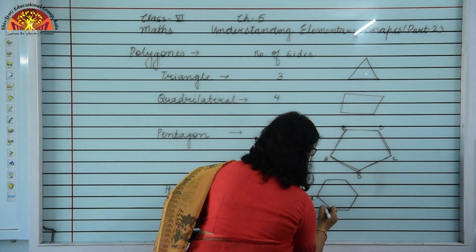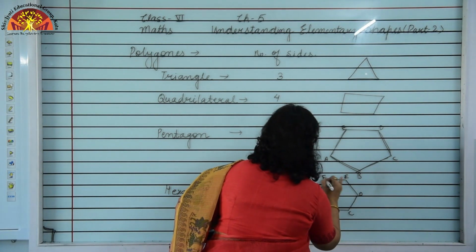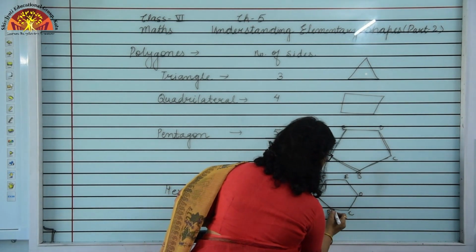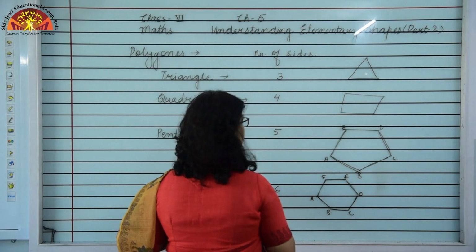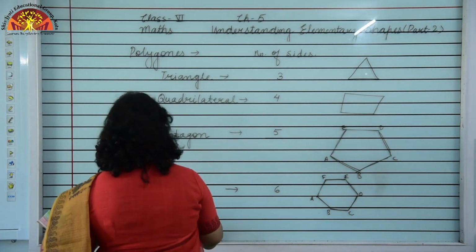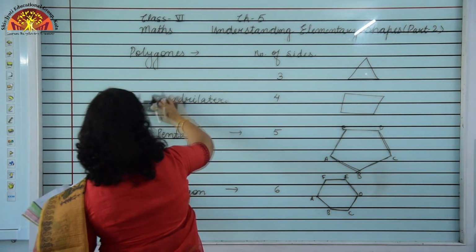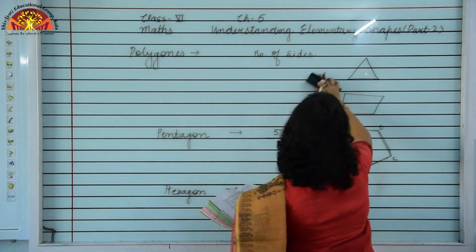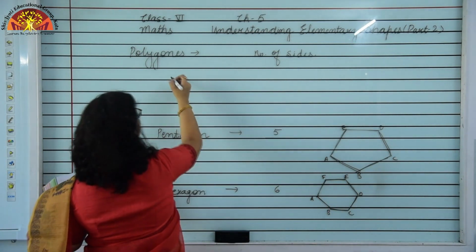This is A, B, C, D, E and F. So this is one side, two side, three side, four side, five side and six side. So this is the hexagon, six sided figure. And in octagon we have 8 sides. Octagon में कितनी sides होंगी? 8 sides होंगी.